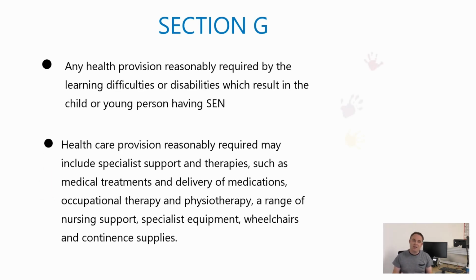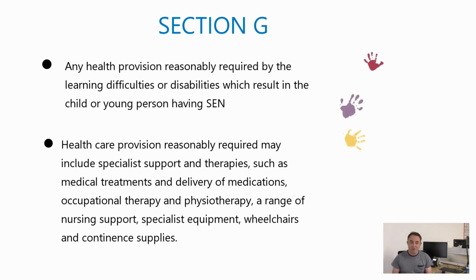Section G of the plan deals with health provision, which has been recommended to be included in this part of the plan. And it's essentially for the CCG to determine what that provision might be based on the advice that it's provided for the EHC needs assessment.